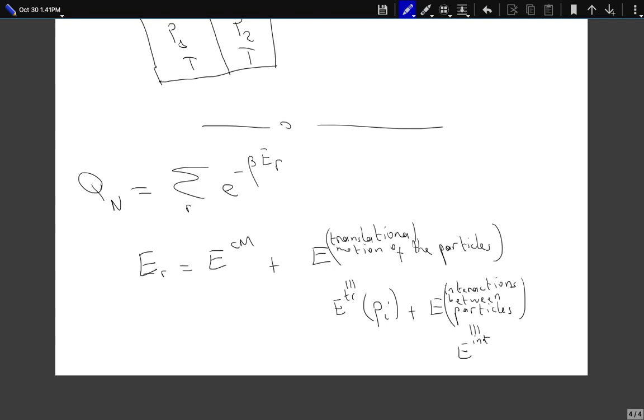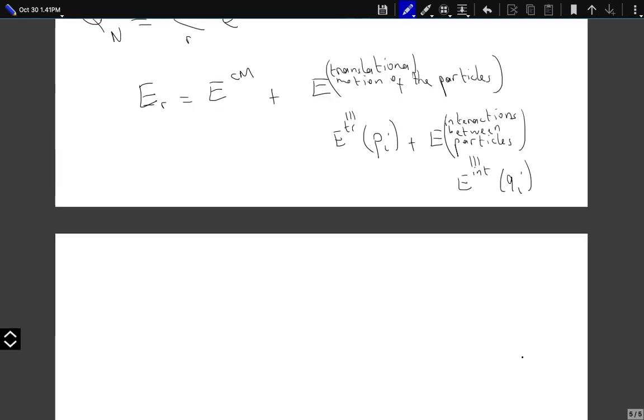Quite often it will be a function of the positions only. And this, let's just ignore it. Plus, if these particles are molecules, or let's say if these particles are dipoles, there will be internal motion and internal potential energies.